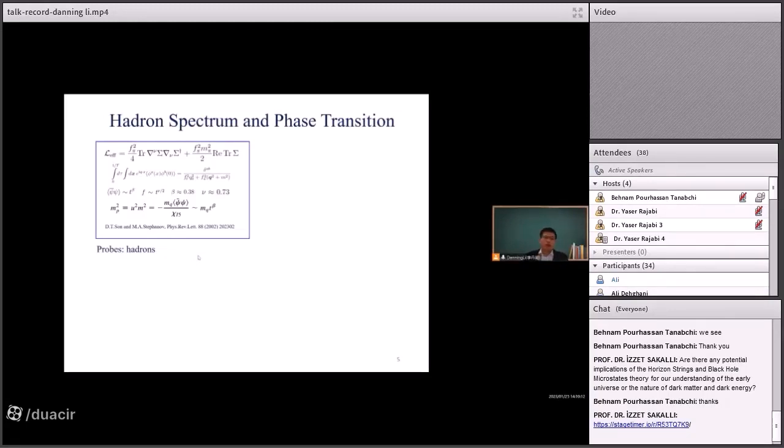Besides, since only hadrons can be observed directly, it is important to study the in-medium properties of hadrons and their relation with the phase transition.